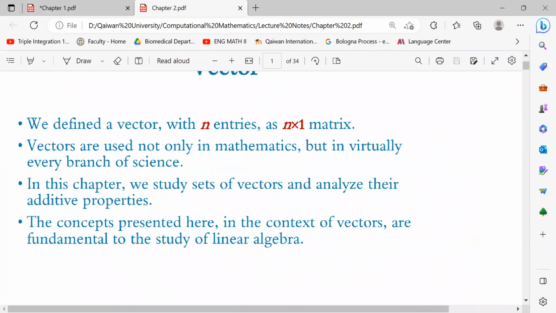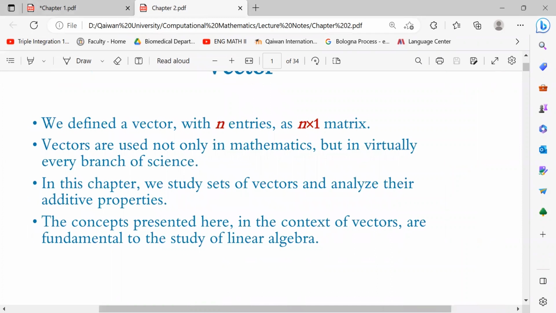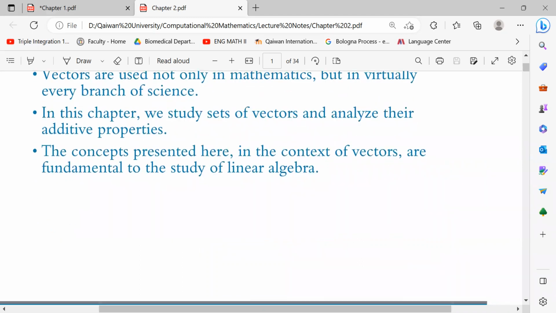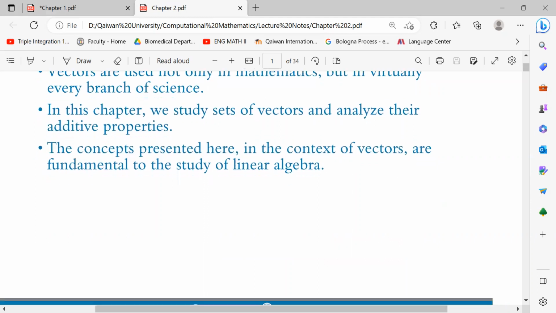First, you should know what a vector is. A vector is an n by 1 matrix, with n entries. Let's say V is a vector like V1, V2, up to Vn.